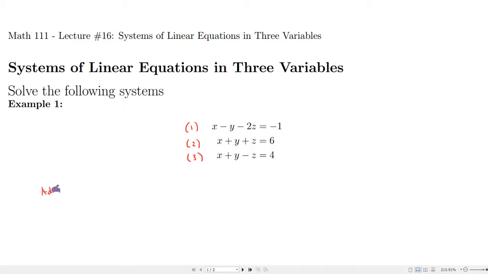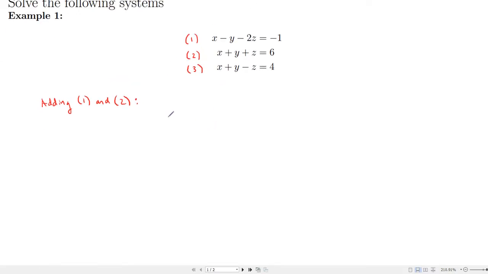Adding 1 and 2, what do we get? We have x minus y minus 2z is equal to negative 1, and x plus y plus z is equal to 6.